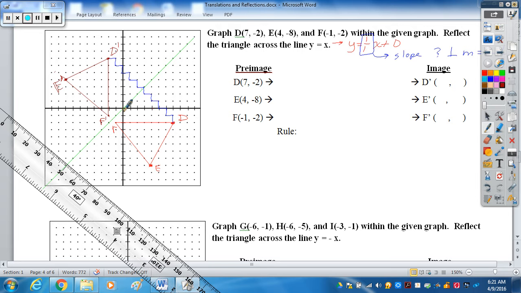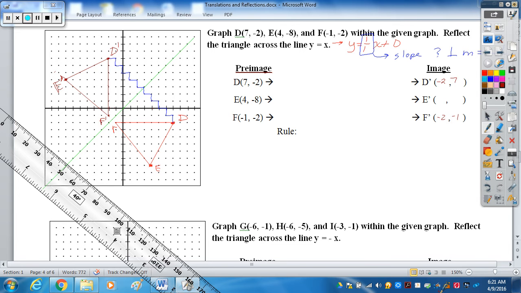Now let's actually go ahead and map out these points here. For D, actually let's do F. Well, let's do D first. Negative 2, 1, 2, 3, 4, 5, 6, 7. Negative 2, 7. Now I'm hoping that you guys are already starting to think in your minds, ooh, I see a relationship there. I see a pattern. Let's see if that pattern holds true for, let's say, F. Negative 2, negative 1.